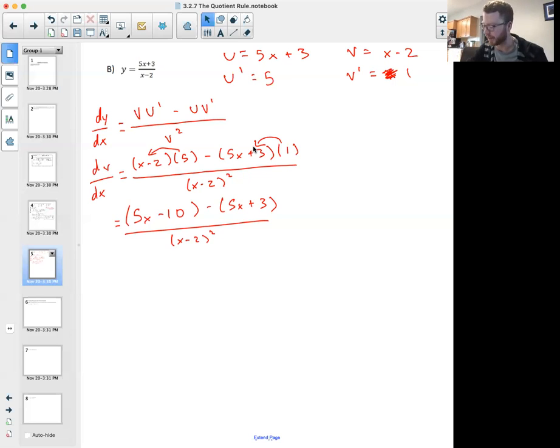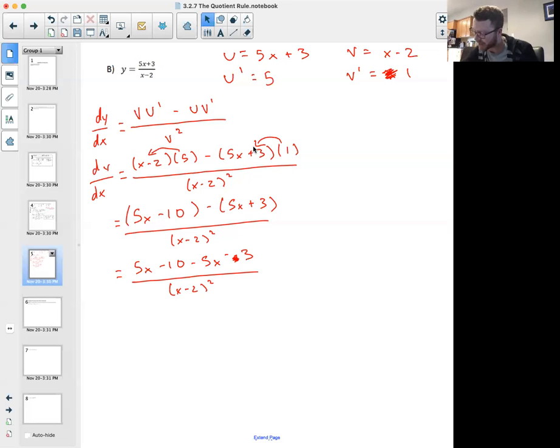If we distribute that negative inside of the brackets, we will get 5x minus 10 minus 5x plus, minus 3, divided by x minus 2 squared.